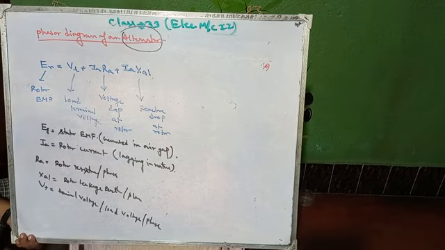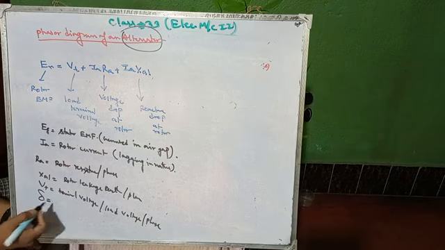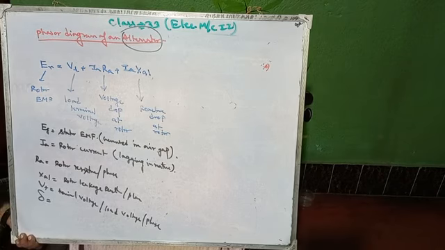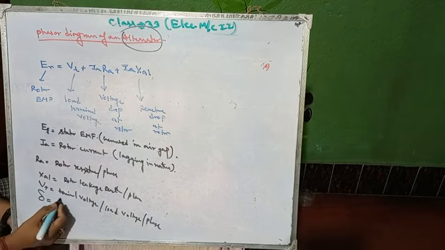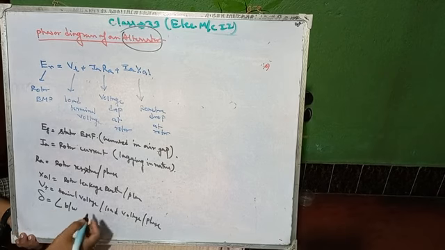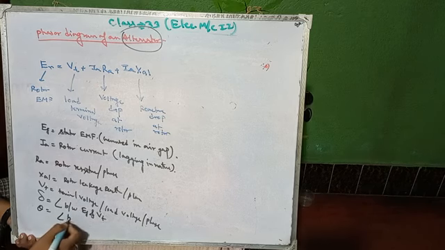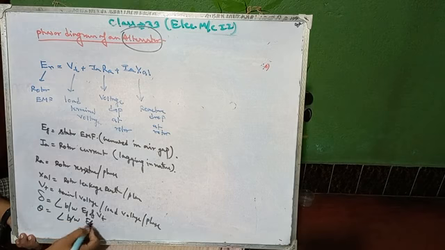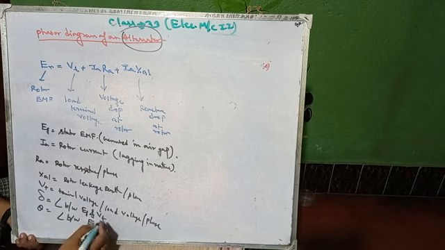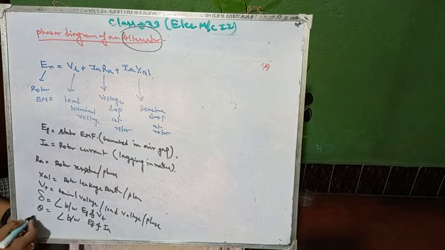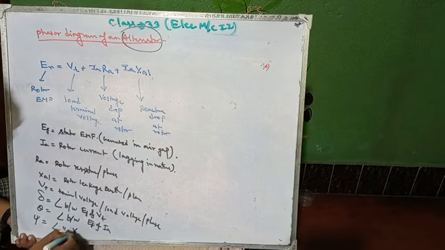Now I am concluding some angles first. Delta equals the angle between E_F and Vt, theta equals the angle between E_F and Ia, and psi equals the angle between Vt and Ia.